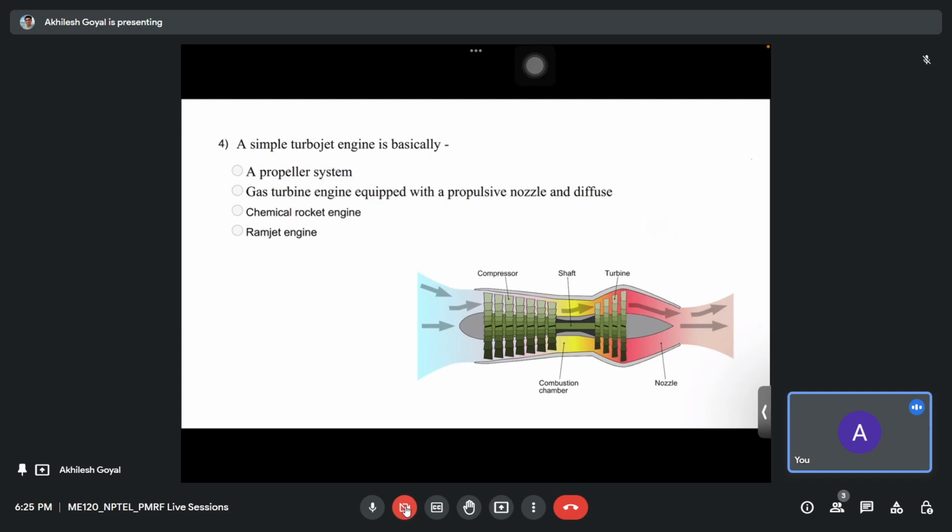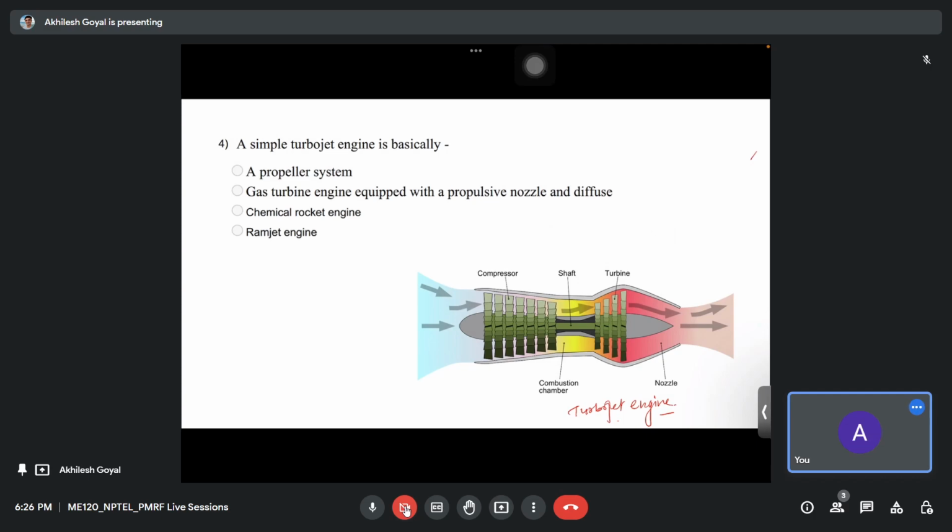So here you can see a figure of a simple turbojet engine. What components can you see in this simple turbojet engine? You can see the inlet, the compressor, the shaft and combustion chamber, and the turbine.